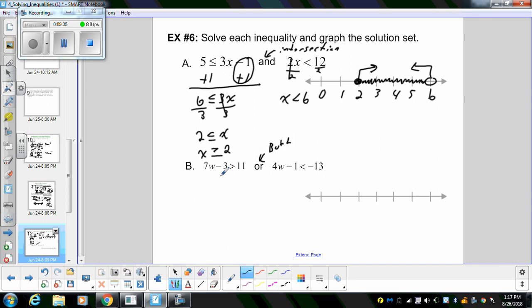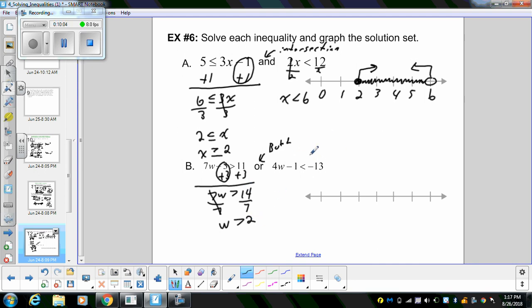The or, again, we're going to solve both of them. I have to get rid of my constant first, so I'm going to do the inverse of minus 3, which is adding 3. 7w is greater than 11 plus 3, which is 14. Then get rid of my coefficient by dividing both sides by 7. 14 divided by 7 gives me 2.